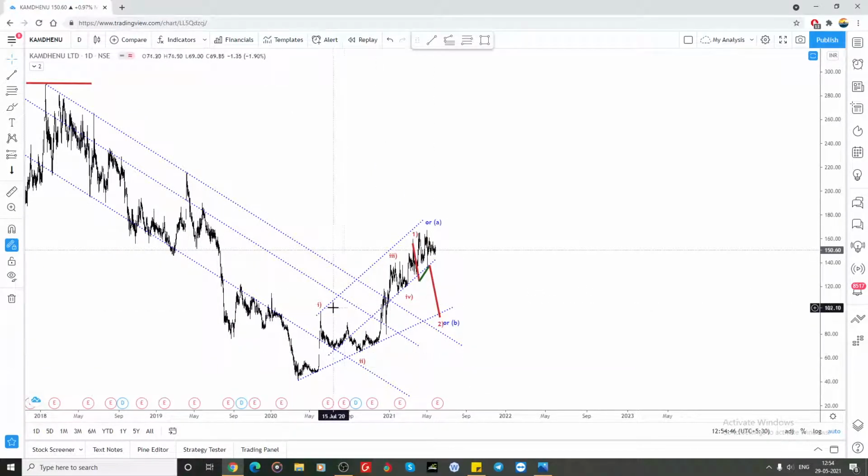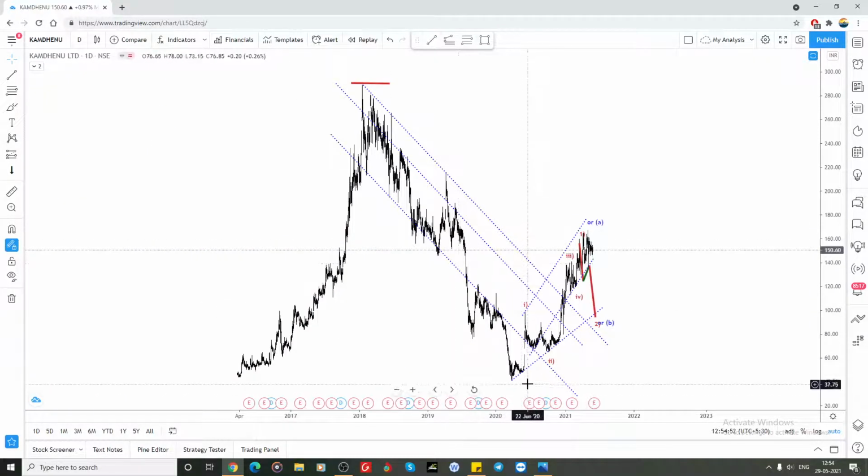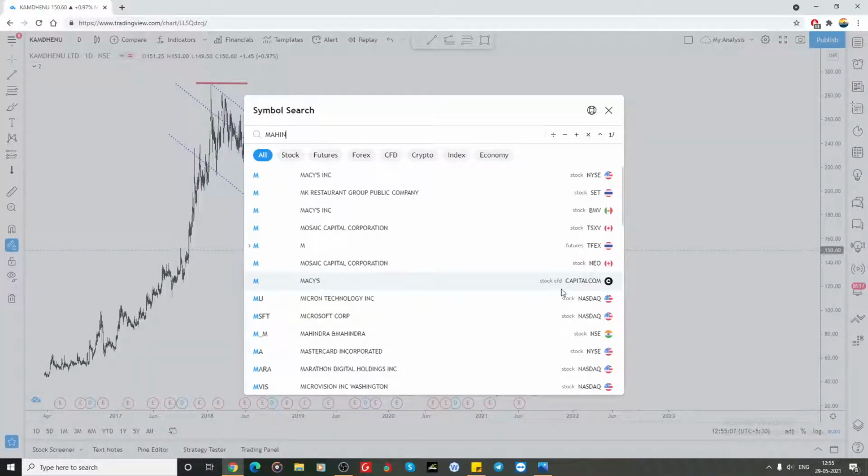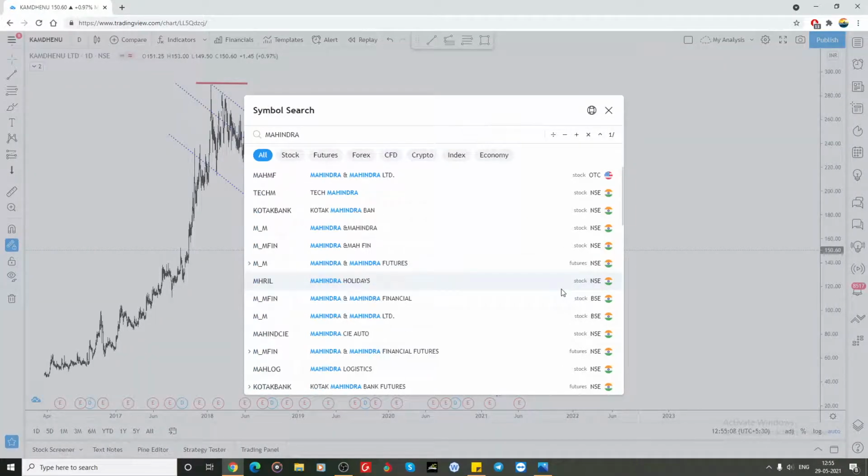It looks like 1, 2, 3, 4, 5 in a leading diagonal, something like that, and it already made a new low in 2020. So I think whether it comes in the 3-wave structure, we can invest here. Everything I'm expecting is consolidation. That is why I'm expecting the Nifty may fall.